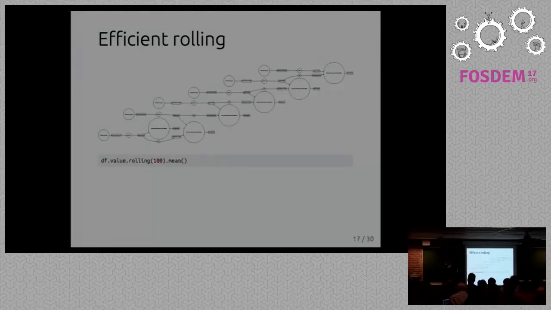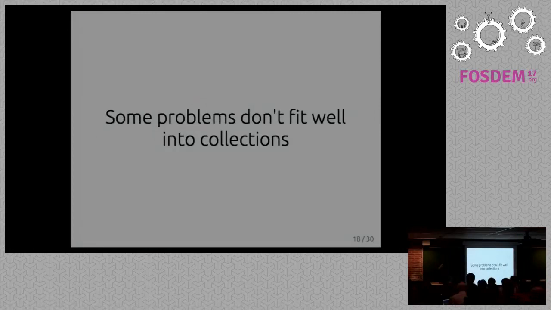Another example is a rolling, so a moving average or moving window. If your data are divided in different chunks, each time the last part of a certain chunk will have to be combined with the next chunk to have a continuous rolling operation.